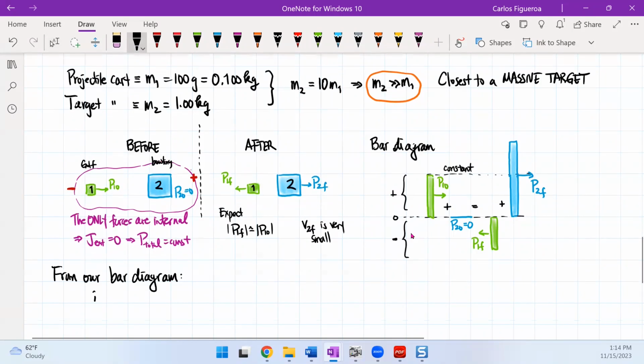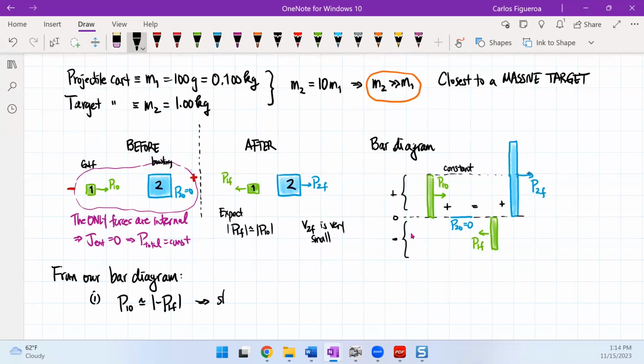The first thing that it says here is that we expect the momentum to be roughly the same before and after the collision for the projectile, right? So in other words, this is telling us that they should be roughly the same.